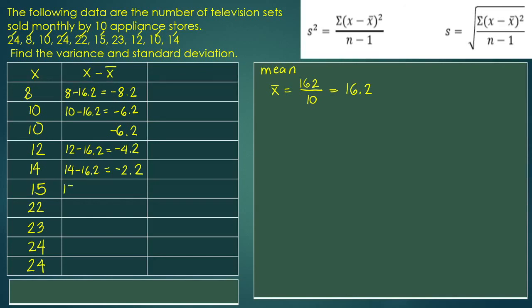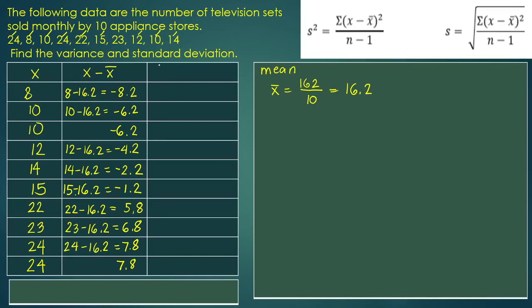What about 15 minus 16.2? Negative 1.2. What about 22 minus 16.2? 5.8. What about 23 minus 16.2? 6.8. What about 24 minus 16.2? 7.8.